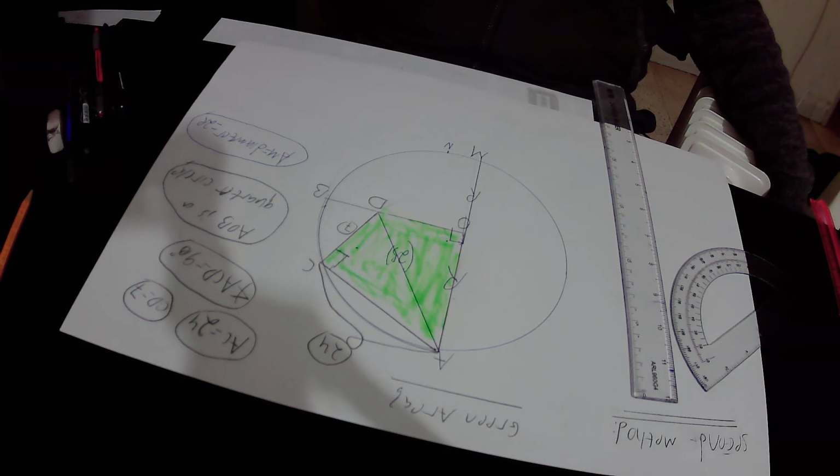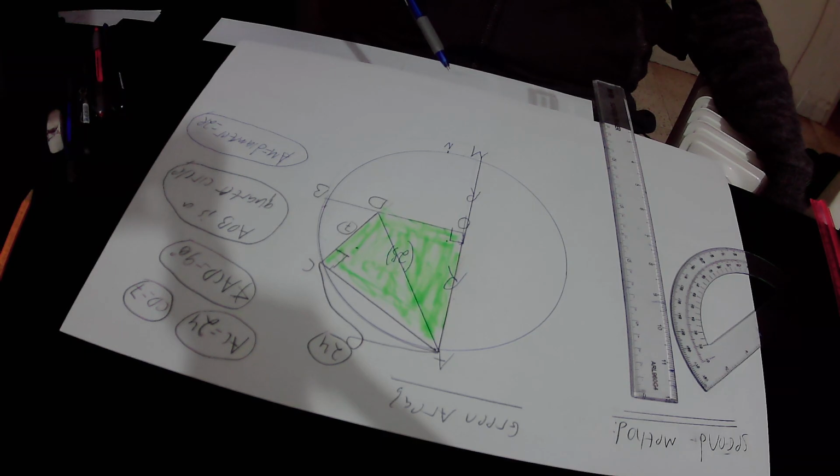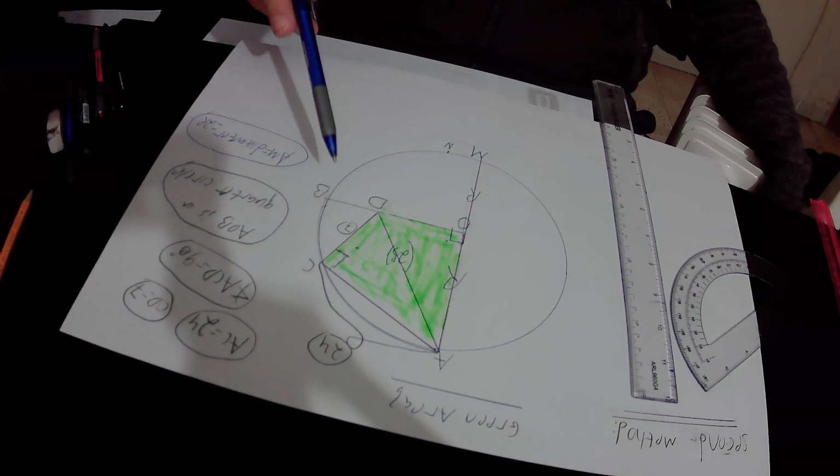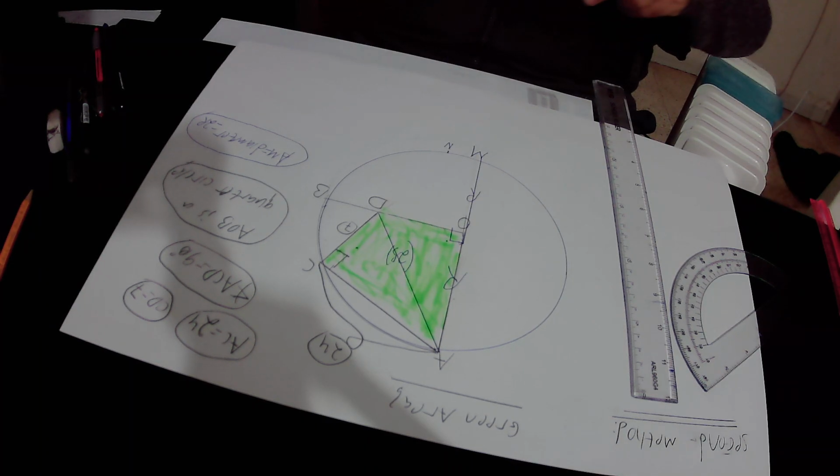So due to this contradiction, we conclude that the extended side CD must touch the circle at point M exactly and not in any other point.